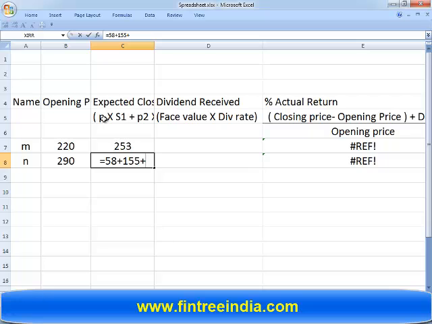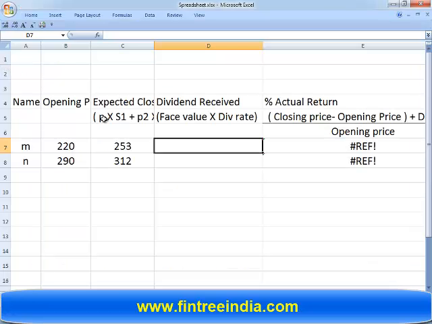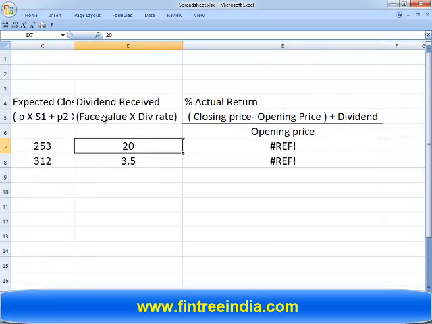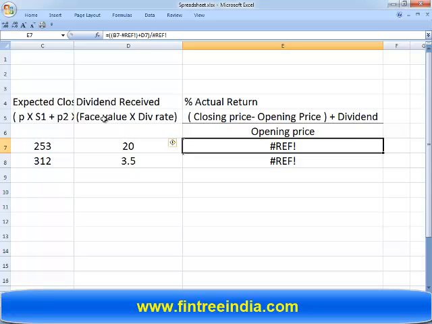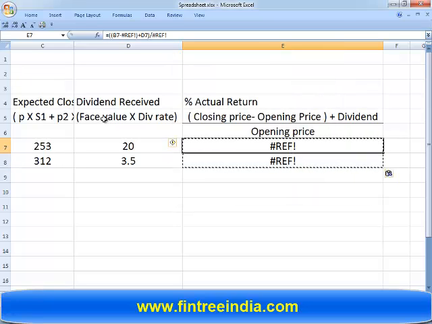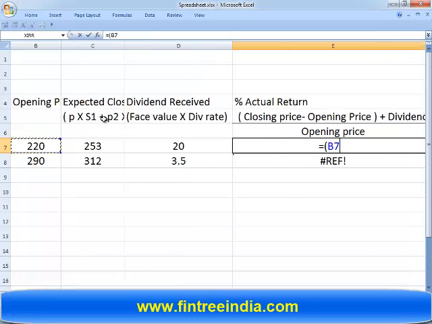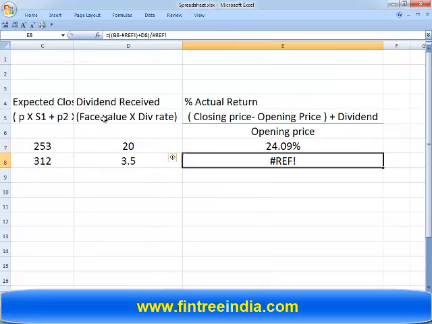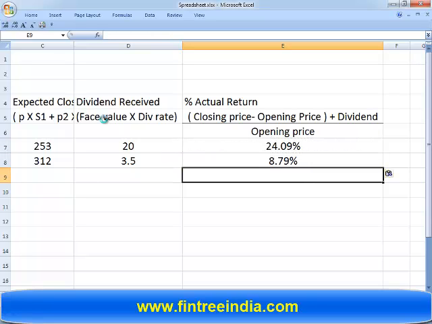What's wrong? 312. Okay, यहाँ तक. For dividend received, this should be simple. This should be 20 and this should be 3.5. Yes, is it same?